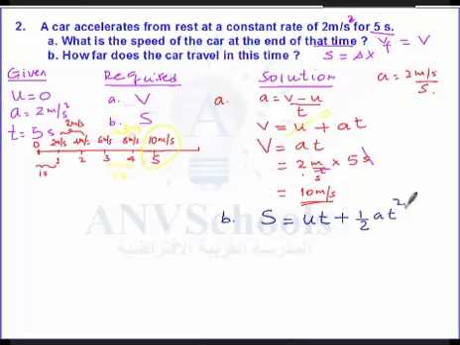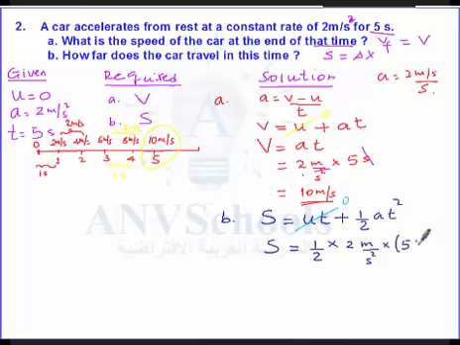In this case, the initial speed is 0, and 0 times time is 0, so this term is 0. So the displacement, or the total distance traveled by the object, is 1 over 2 multiplied by the acceleration, 2 meters per second squared, multiplied by t squared, where t is 5 seconds.